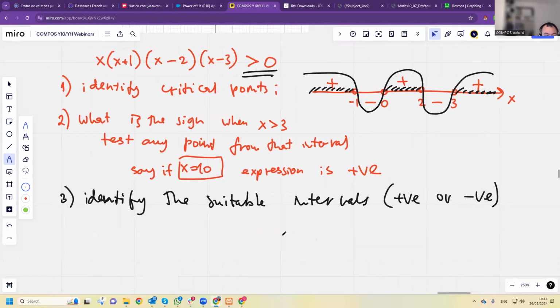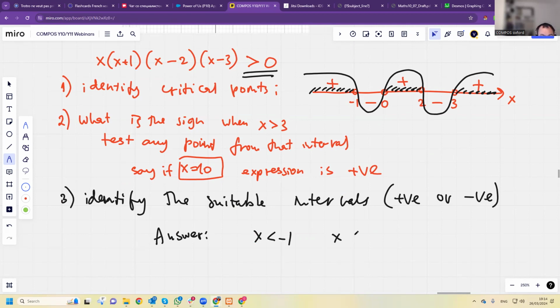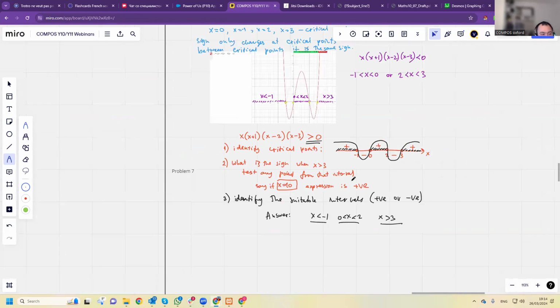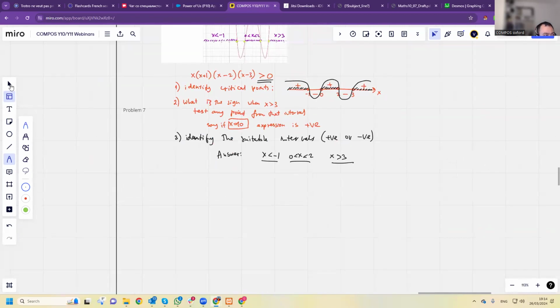And so the answer is x is less than -1, x is between 0 and 2, x is greater than 3. Super easy method, isn't it?